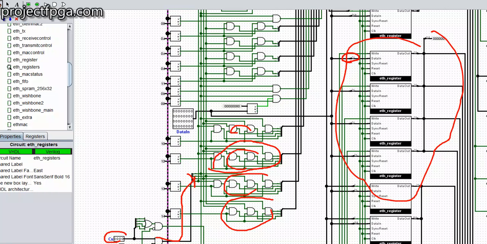So all their outputs will still be connected together. Then the remaining bits of the output that were not used are going to be padded with 0.